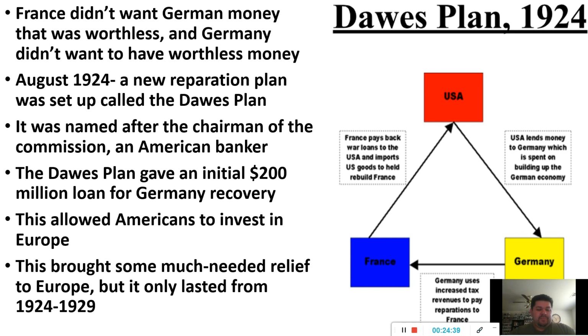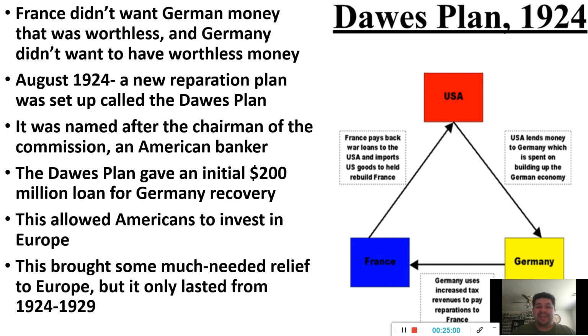And the thing is, this brought some relief to Europe because again, they're torn up. Their cities, their countrysides are devastated because of the war. But now that Americans are investing in their companies, they're going to be making some money.